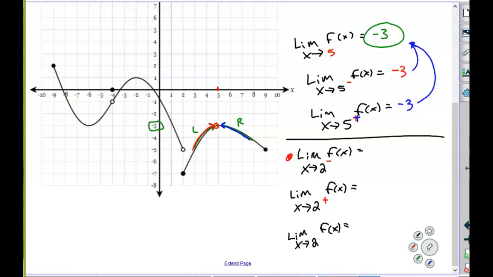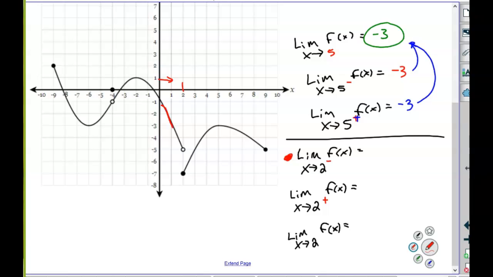Well, that's part of the reason why we're doing this: there is that open circle there, right? But limits don't care what's happening at the specific point. It's as it gets closer and closer and closer. So if I look at this function, we have the limit of f of x as x approaches 2. So here's 2. Now I'm going to approach it from the left-hand side, coming in this way.